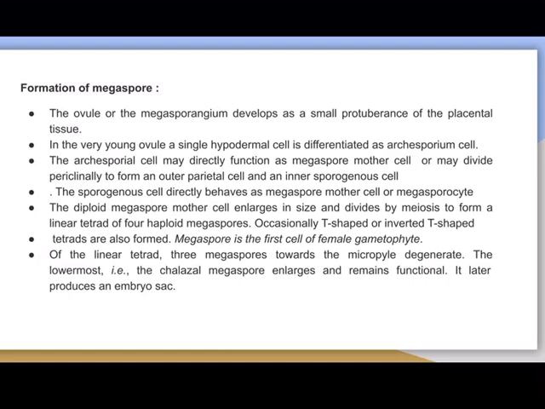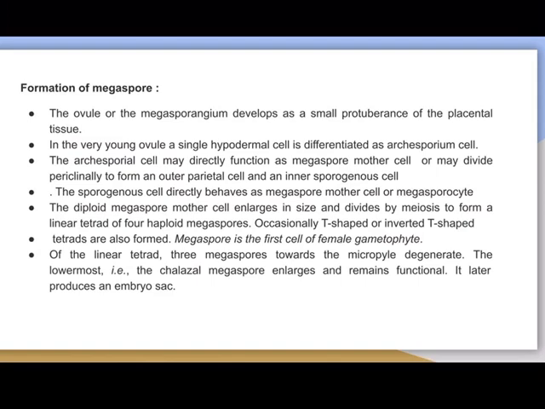These are diploid cells. These diploid mother cells enlarge in size and divide by meiotic division. As a result, a tetrad of four cells is produced from the megaspore mother cell. The megaspore tetrads are mostly found in a T or inverted T shape.